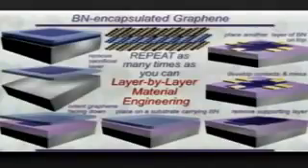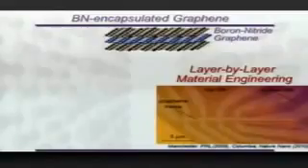But basically, because we can take any material we want, we can tune the property of the resulting heterostructure, of the resulting stack, according to our wish, and we call it layer-by-layer material engineering. Even the simplest stacks like this, where we take boron nitride, graphene, boron nitride, already show very interesting results.